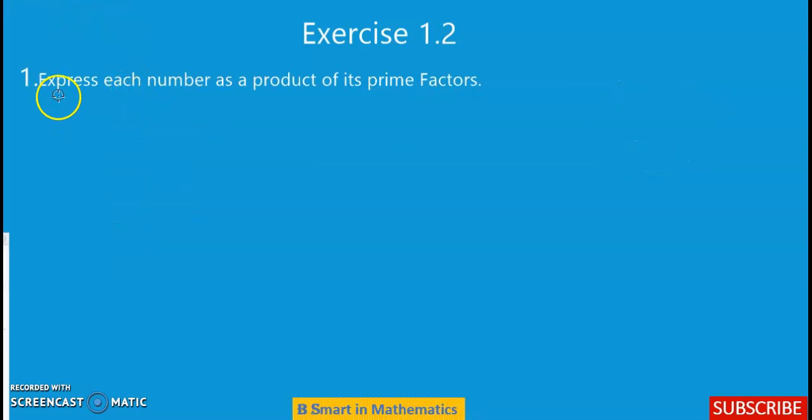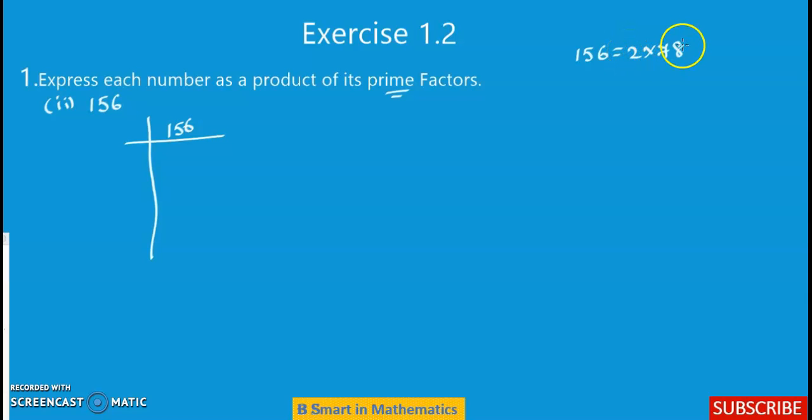And now the second number is 156. Yes, we have to express this 156 as a product of prime factors. So now we have to use only prime numbers. So 156 can be written as 2 into 78.